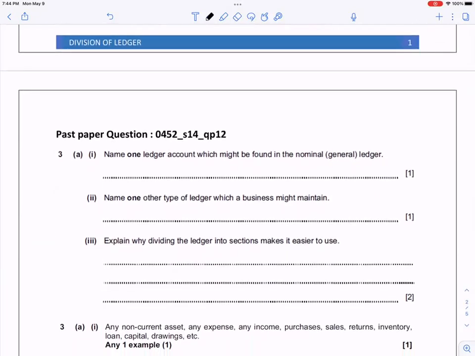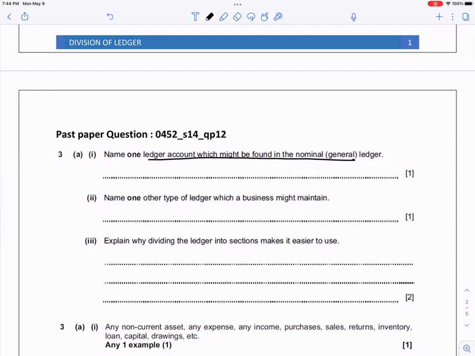Name one ledger account which might be found in the nominal ledger. Bad debts. Okay. Anything else? Machinery.